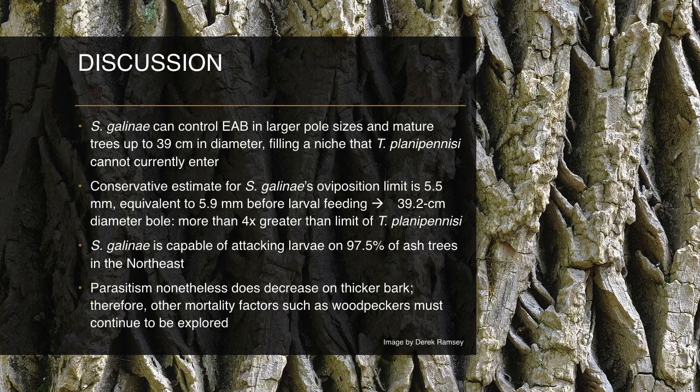And a conservative estimate for its oviposition limit is that it is more than 4 times greater than that of Tetrastichus. Overall, it's important to keep in mind, however, that we did see parasitism drop off as the bark got thicker, and therefore we do need to continue to explore other mortality factors such as woodpeckers.